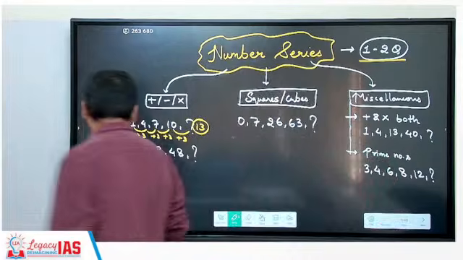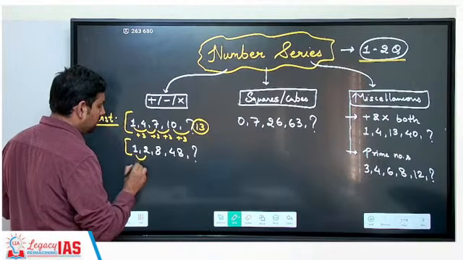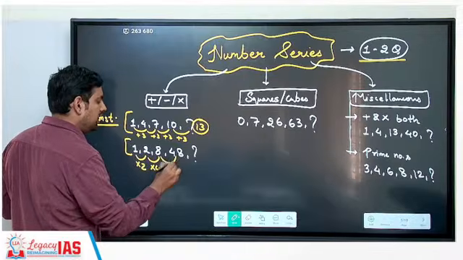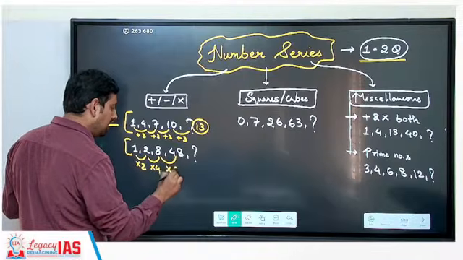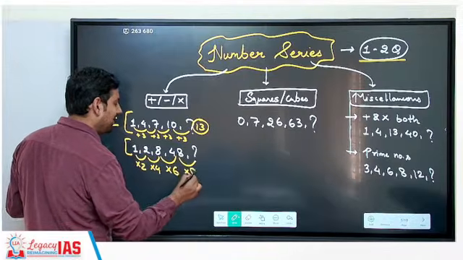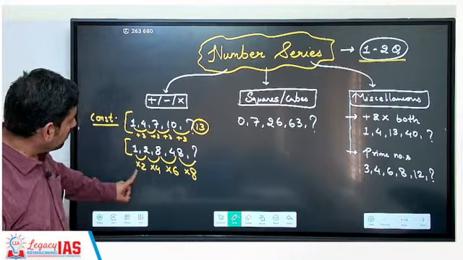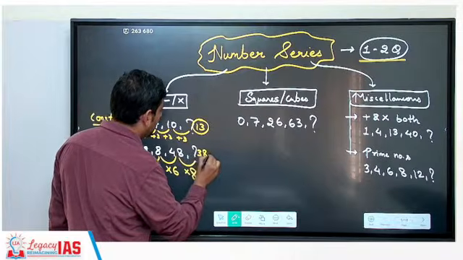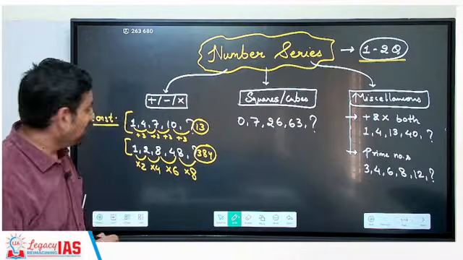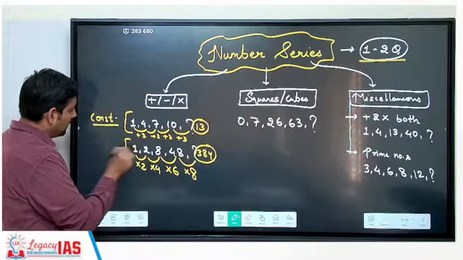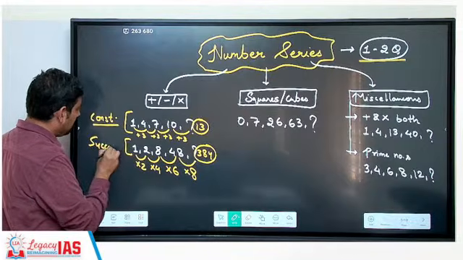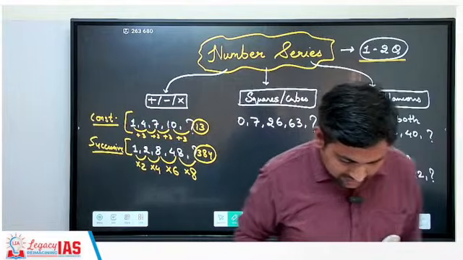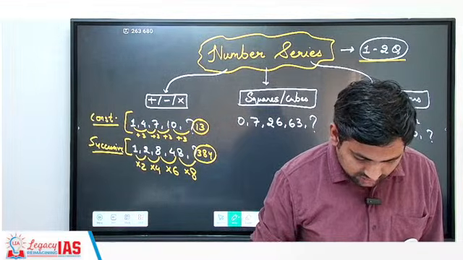Now the pattern here is actually 1 to 2, this is into 2, this is into 4, 2 to 8, then 8 to 48 is into 6, next would be into 8. So this is 2, then 4, then 6, then 8. Answer would be 384. Answer not very important here. What is happening? So this is called successive series, that is successively this is changing constantly.